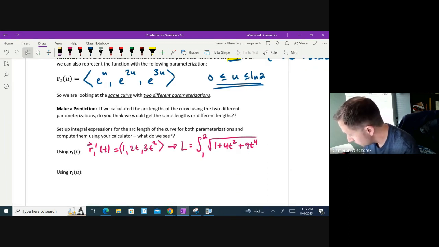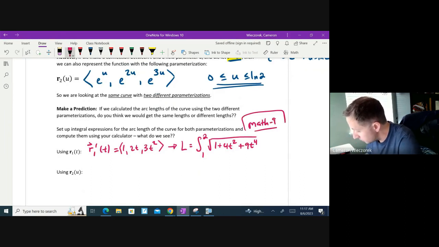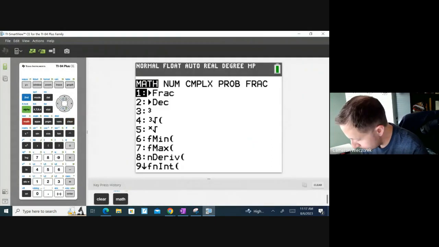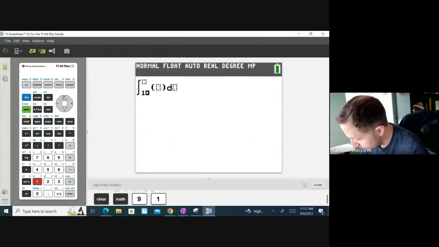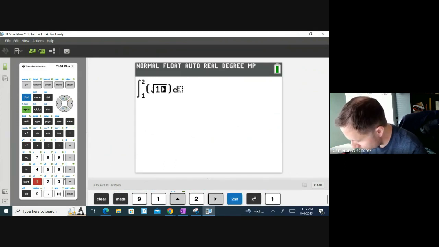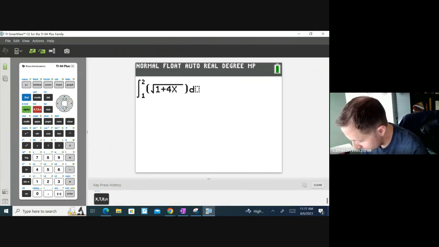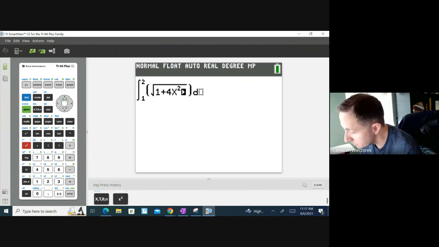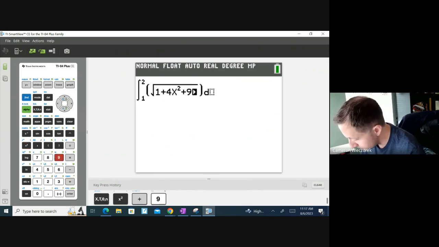If you remember, you can use Math 9 on your TI-84 in order to compute that integral. So if you do that, maybe this one I'll show you. Math 9, we're going to go from 1 to 2 of the square root of 1 plus 4x, I'm going to use x on the calculator, it doesn't matter what variable I use, plus 9x to the power of 4.